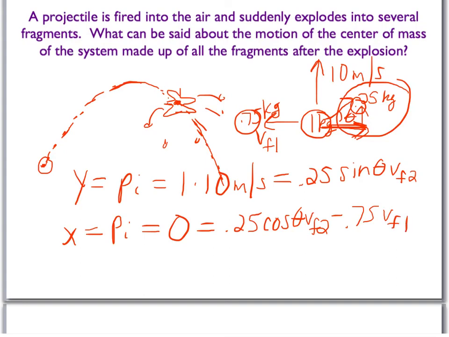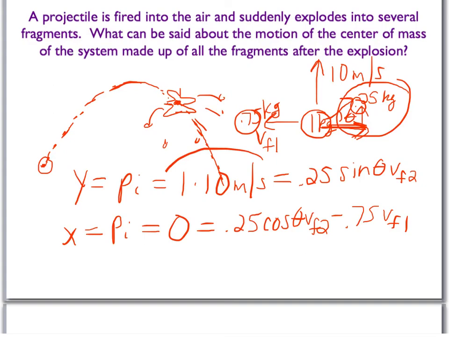So problems might give you various components or pieces to this, but ultimately the idea is if you know that the center of mass of this system still has to follow that predictable path and that the center of mass still has to maintain its momentum, then even when this blows up into several fragments, that total momentum of the system still has to stay the same.